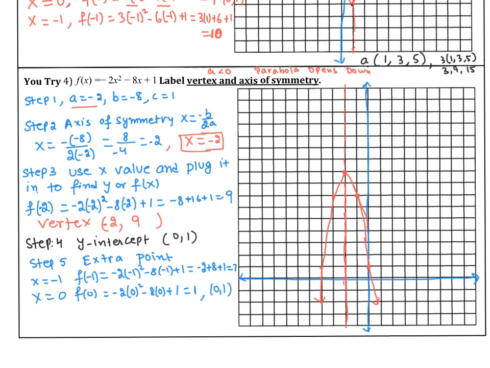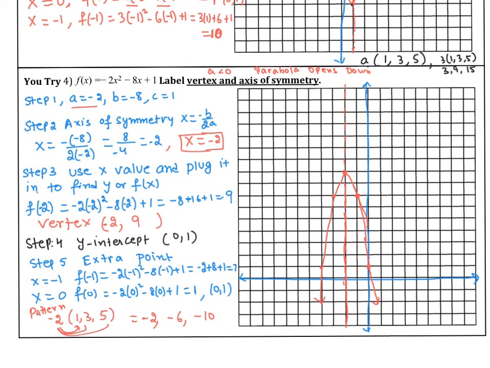You can also use the pattern that we learned. The pattern was 1 comma 3 comma 5 for the parent graph, but here we have a as -2, so we're going to multiply by that. So the pattern is -2 down, -6 down, and -10 down.